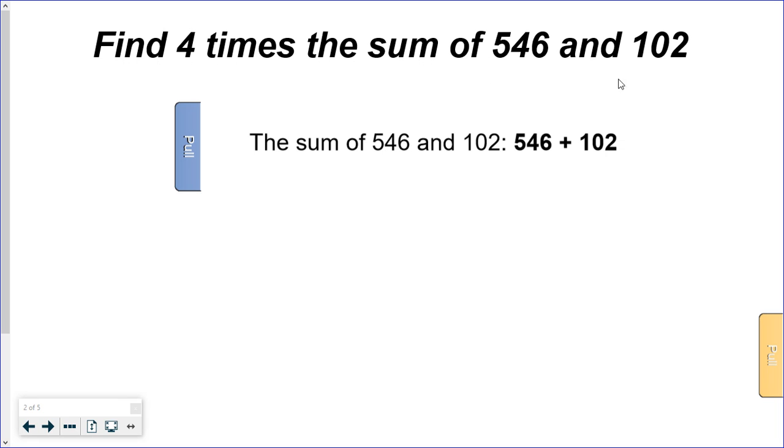You've got to read the entire problem. We need to find 4 times the sum of 546 and 102. When you read this whole problem, that should tell you, I actually need to add these two numbers first. Then once I add these two numbers together, I can go ahead and multiply by 4.